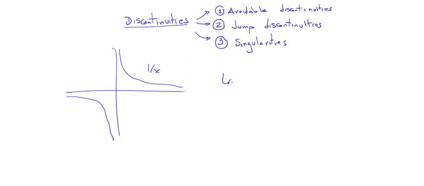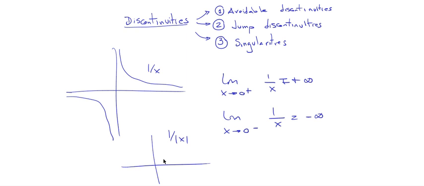The limit when x goes to 0 from the right of 1 over x is plus infinity. The limit when x goes to 0 from the left of 1 over x is minus infinity, okay? It's not only that there's a jump here, it's that the limit is infinite. It could also be the case that if you have, for instance, 1 over the absolute value of x, you have this thing, right? It also goes to infinity in both cases, right? This is also a case of a singularity, right? Because at 0 it's not defined.